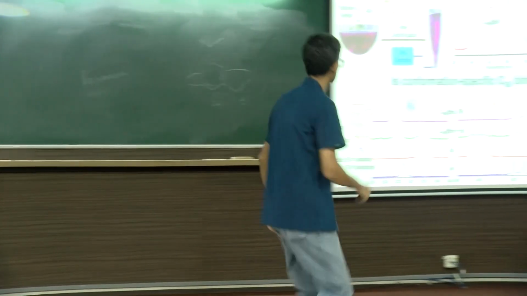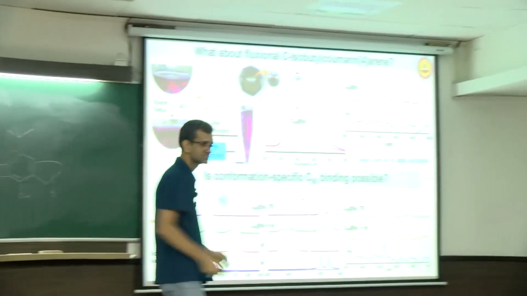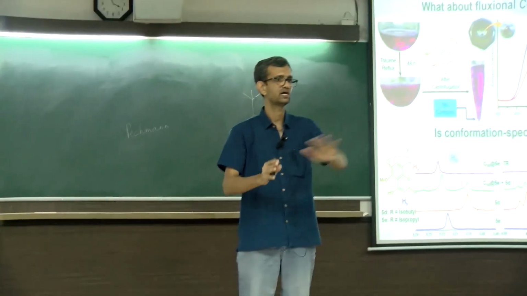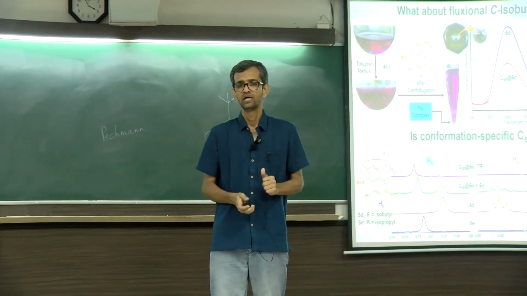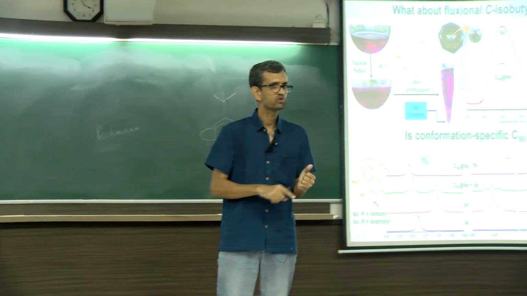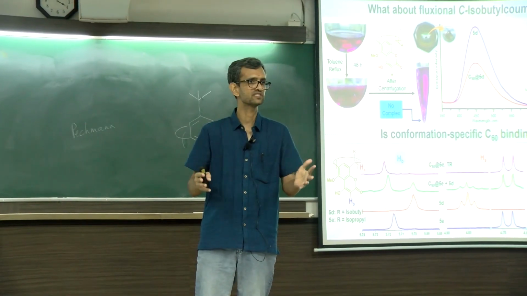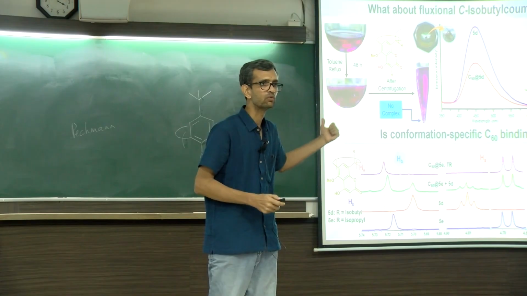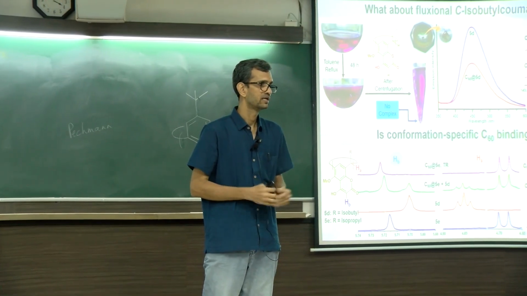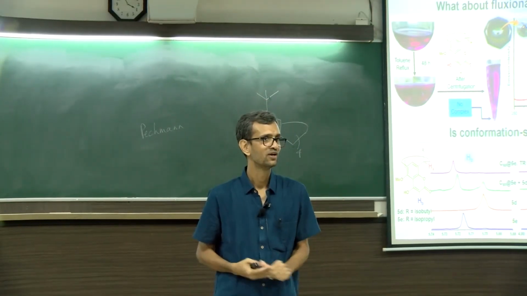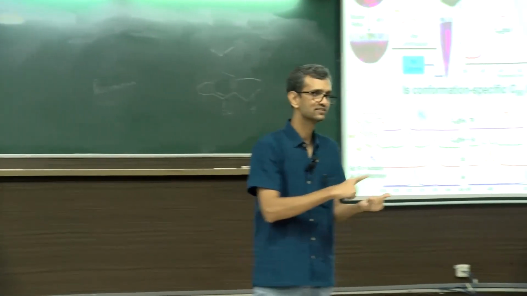So all of that is confirmed, and we then concluded that okay, we have a 1:1 complexation of the fullerene and this one. Similar experiments were carried out for the flexible system also. Flexible system in a sense, the isobutyl one. In none of the cases did you have the complexation. You reflux, it doesn't complex.